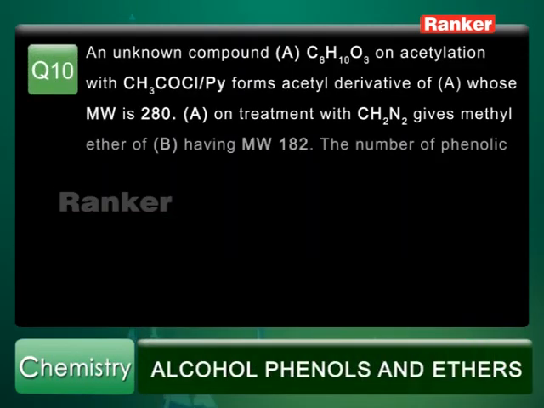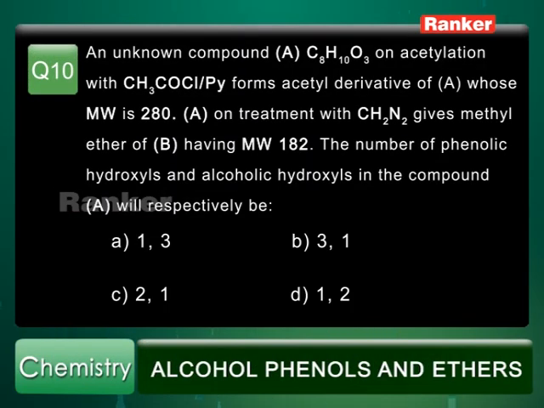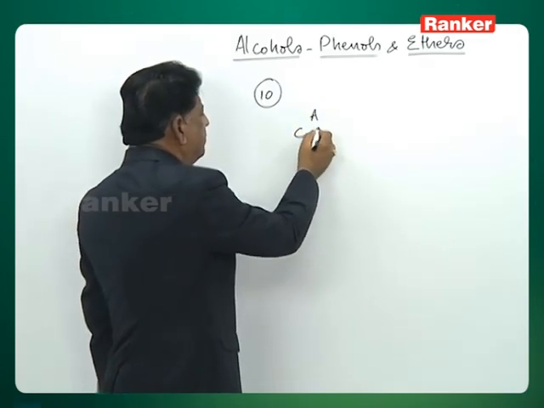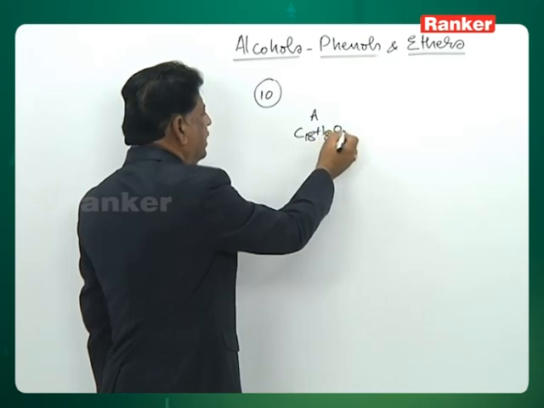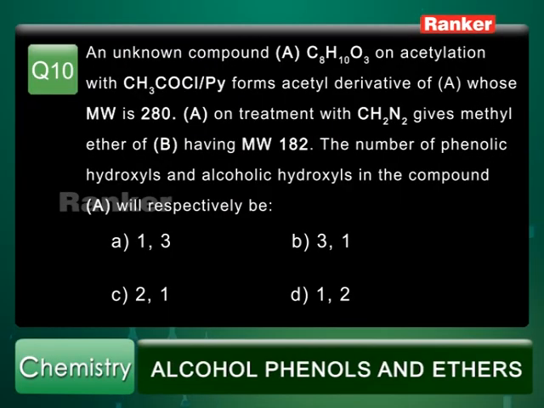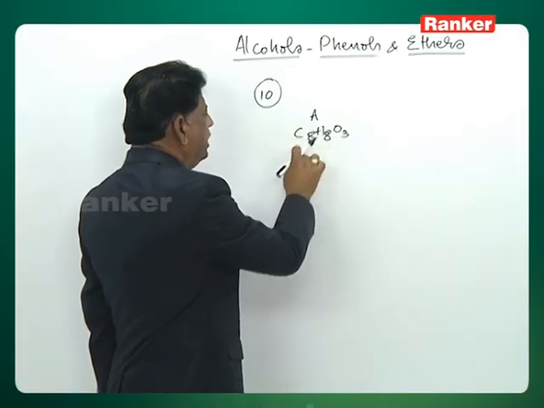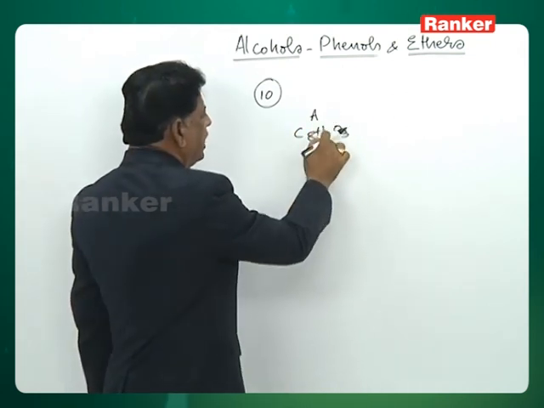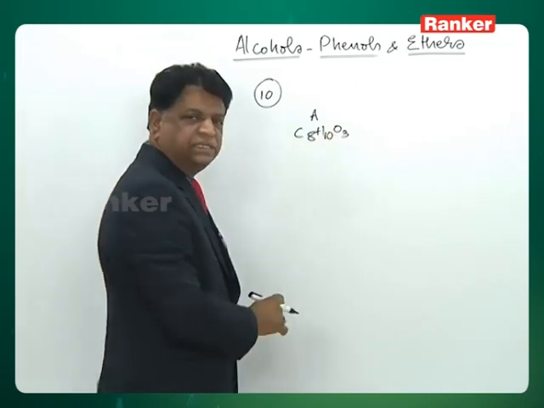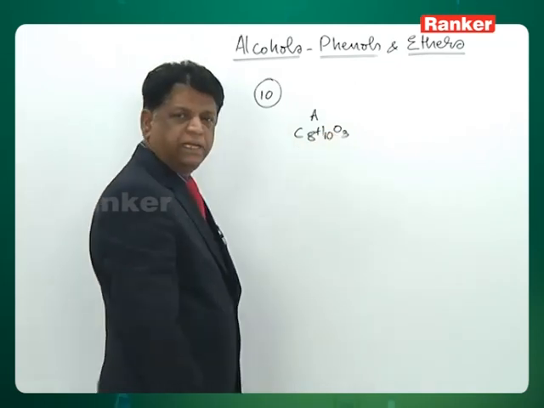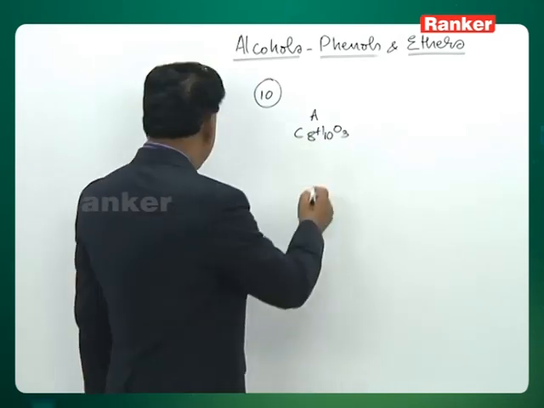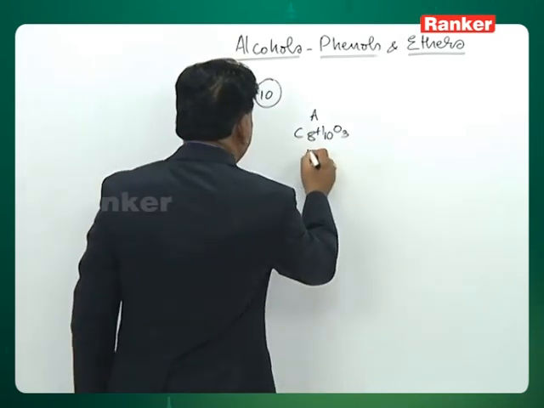The problem says an unknown compound A has the formula C8H10O3. You can calculate its molecular weight: 12 into 8, the hydrogen will be 10, oxygen will be 3, whose molecular weight will be 154.